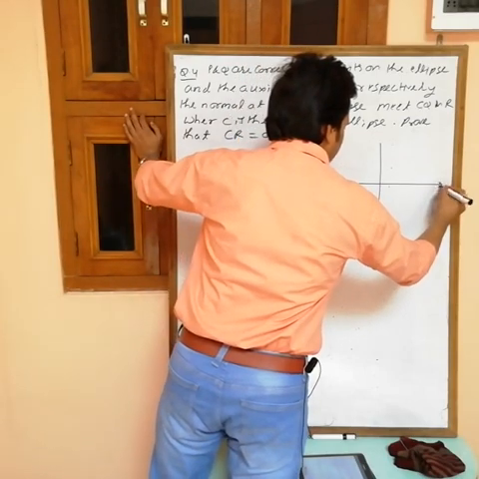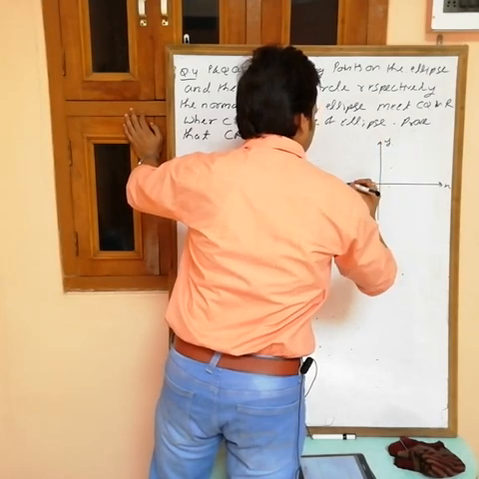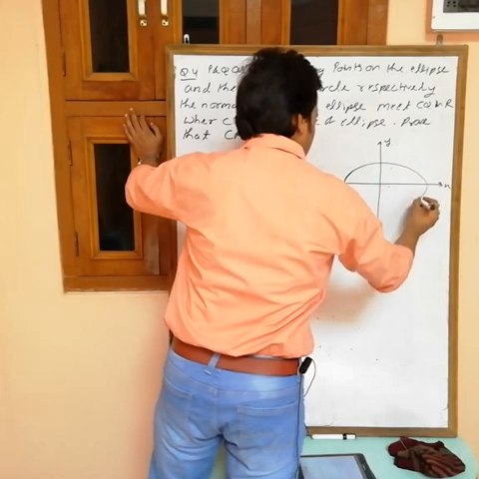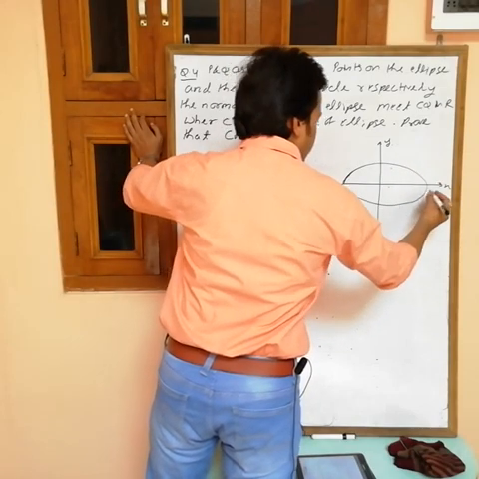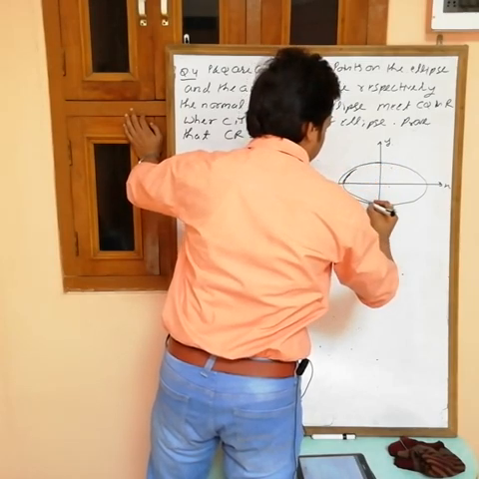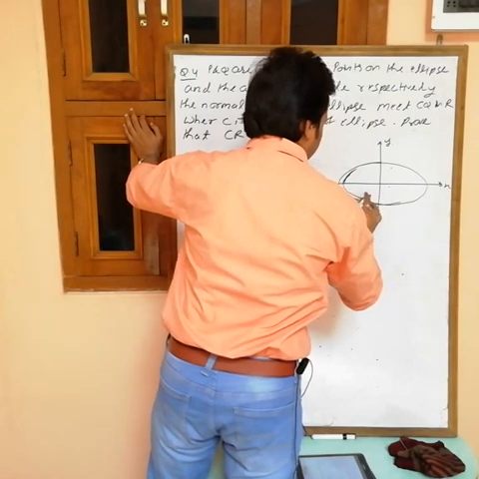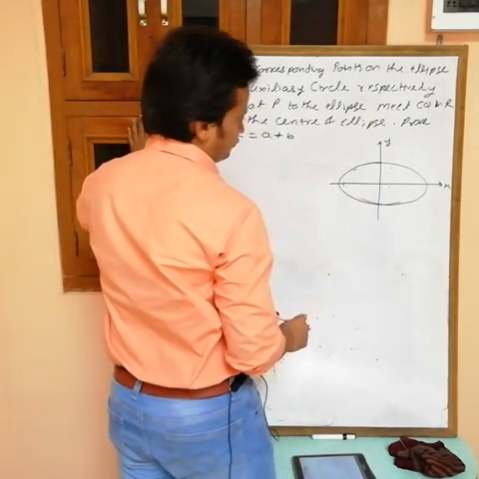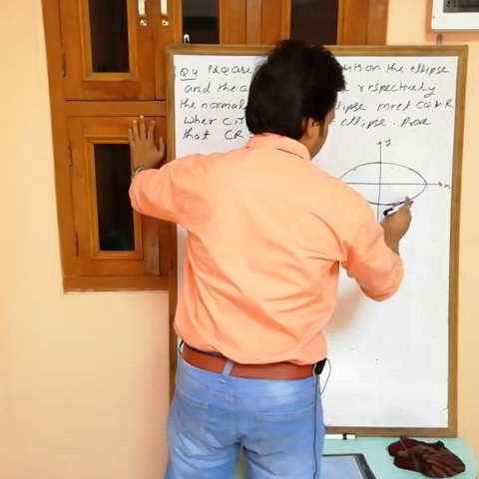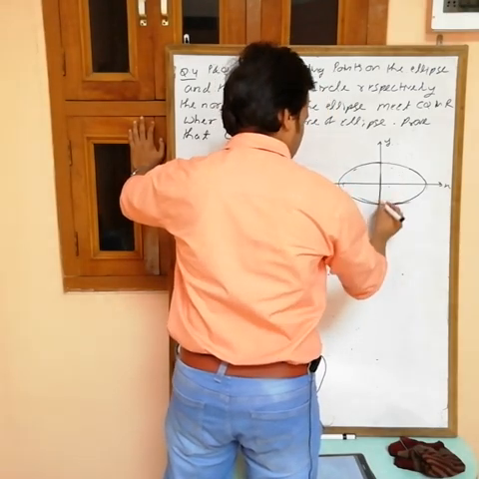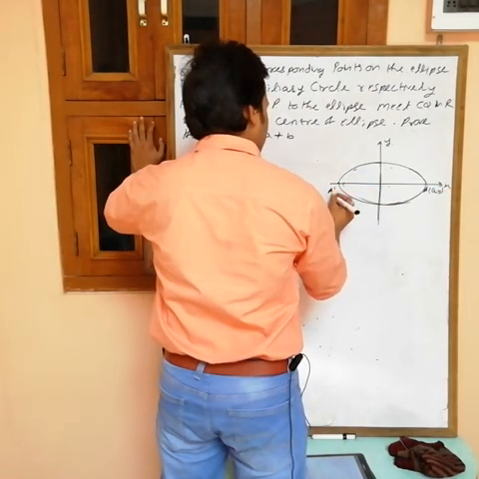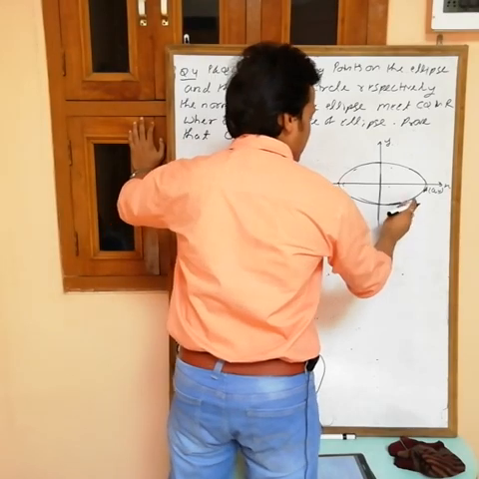Suppose this is the x-axis and this one is the y-axis, and this is the ellipse. So this is a comma 0, and this is minus a comma 0. This is the ellipse.